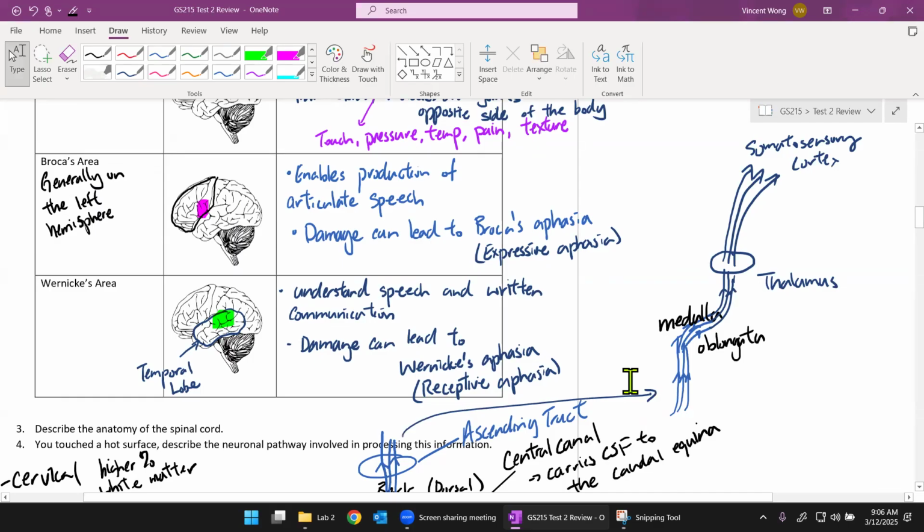So, the spinal cord is the information highway. It takes all this stuff up, and ultimately it always ends up on the cerebral cortex. That's the final destination of sensory information, right?